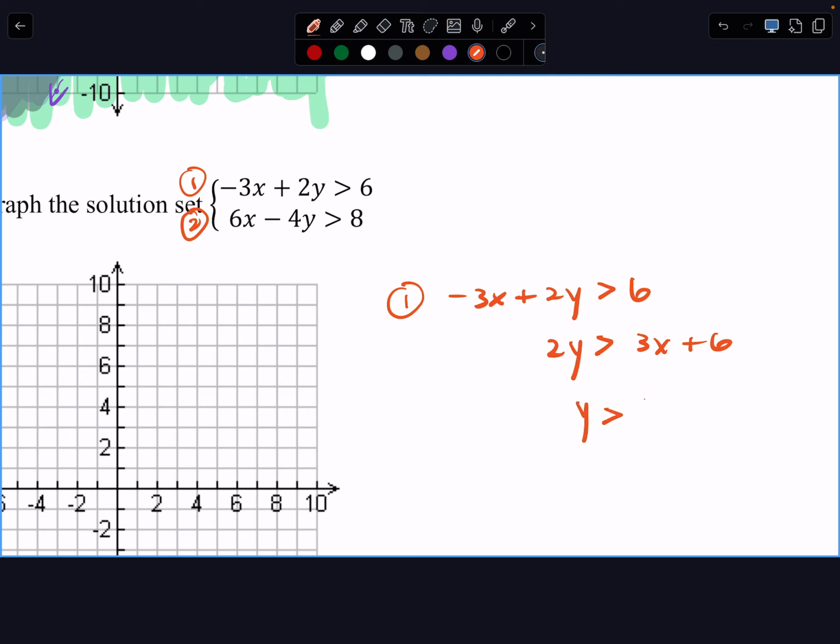Wait, when you divide by a negative, you have to switch the thing.